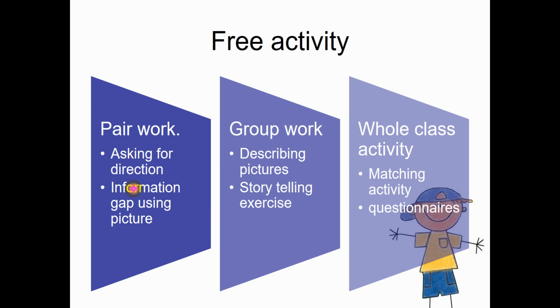They sit, for example, back to back, and one student gets a complete picture, the second one gets an incomplete picture, and then the second student should ask the first one questions about what should be completed in the picture. You can also create group work, where they have to describe pictures, or you can ask them to create a storytelling exercise.